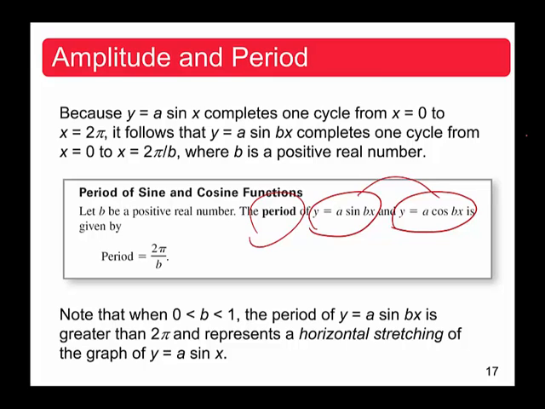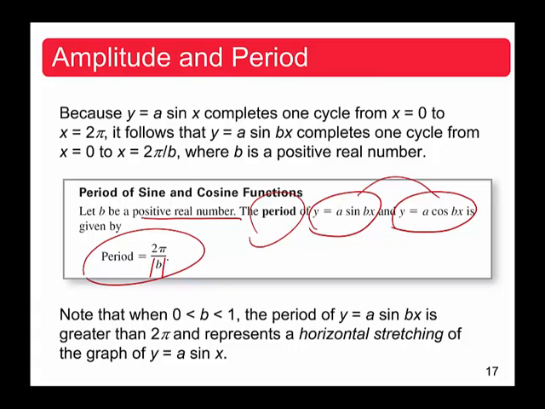So basically you just divide 2 pi, which is the original cycle, by b. Okay, so divide by b, you get the period. We're assuming b is a positive real number. If you also want to make sure it's always going to be positive, you can put absolute value on top of b, to guarantee that it's always positive.